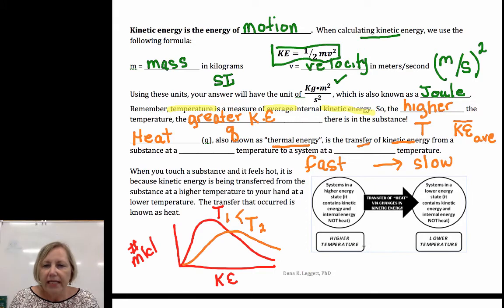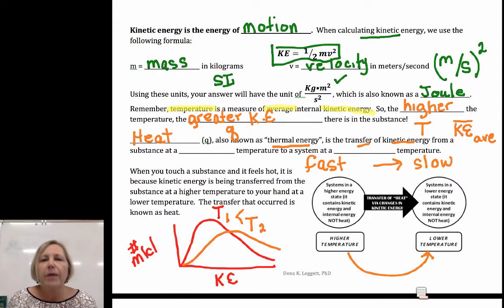So we always transfer heat from higher temperature to lower temperature because we're always going from higher kinetic energy to a lower kinetic energy. So we always transfer heat from high temperature systems to low temperature systems.